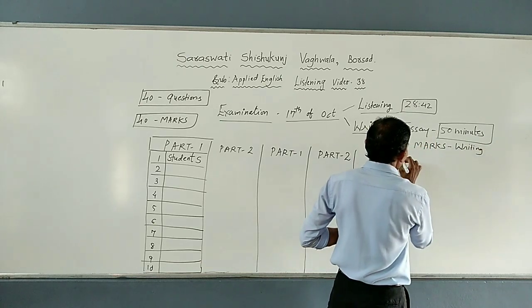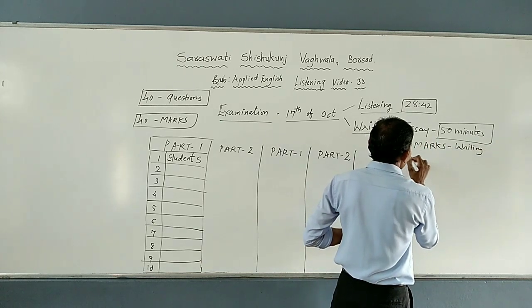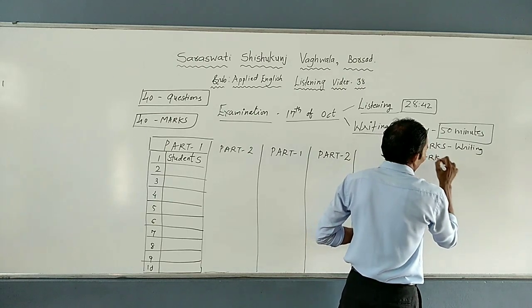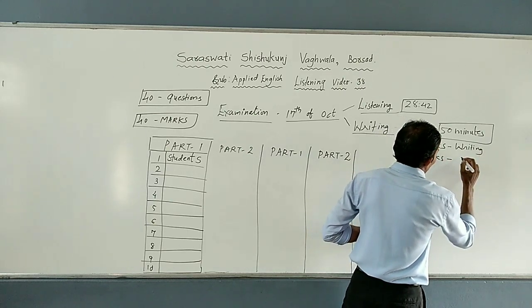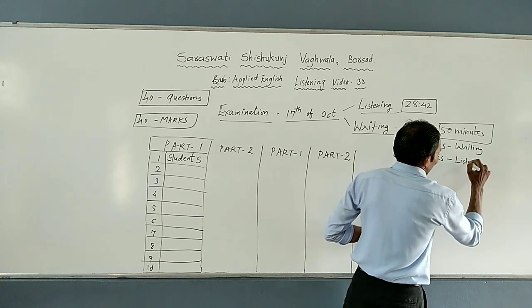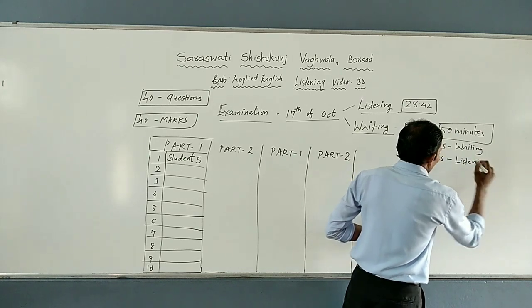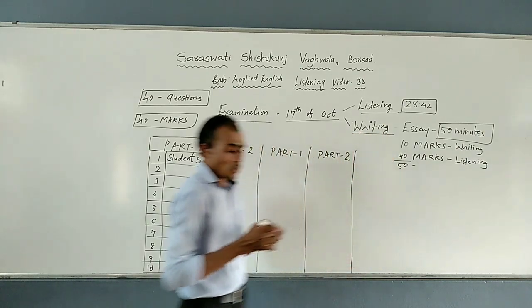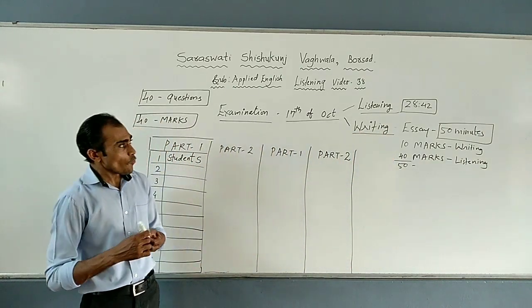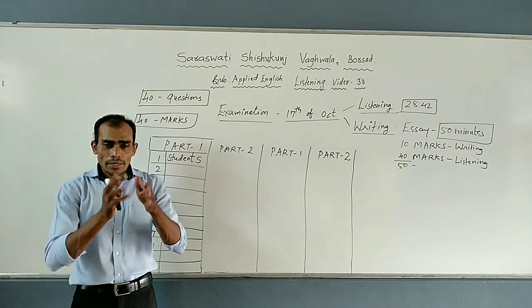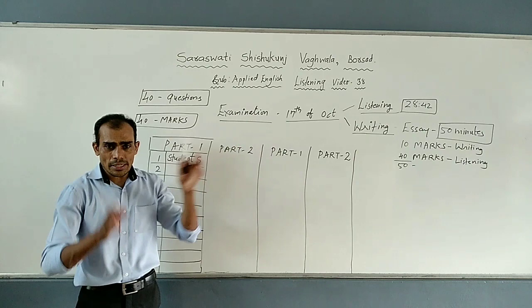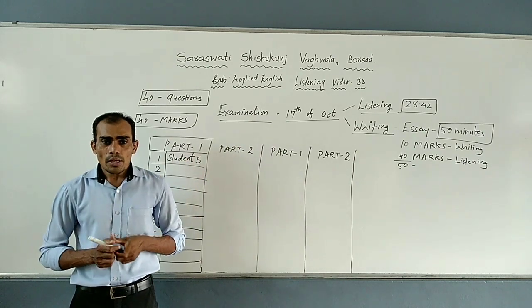And students, listening is 40. So in total you are going to have 50. The 50 marks examination of applied English. Now students, I hope you have understood both listening and writing, that is on the 17th of October.